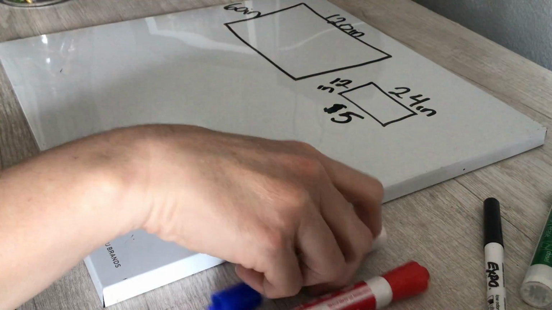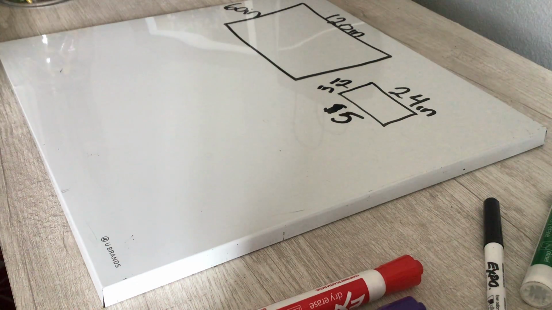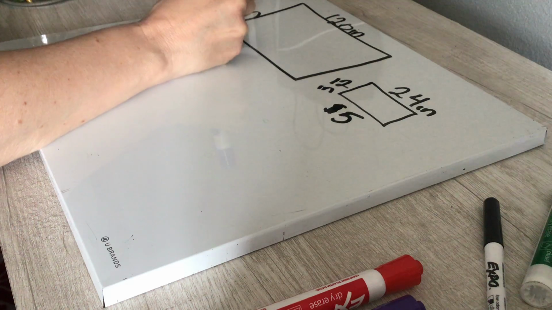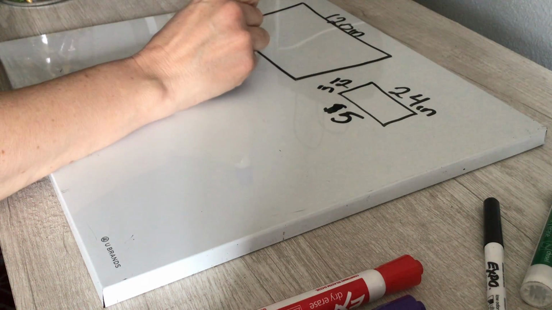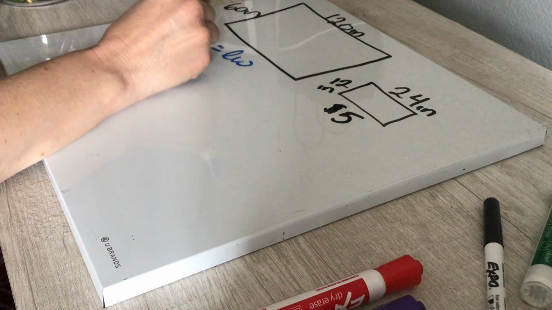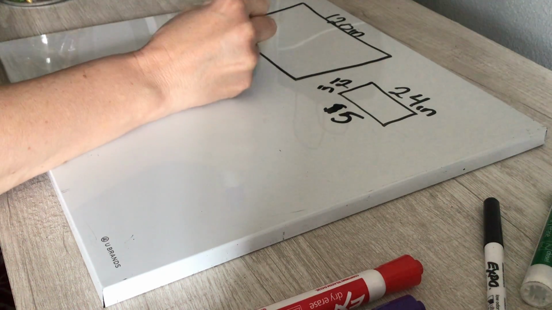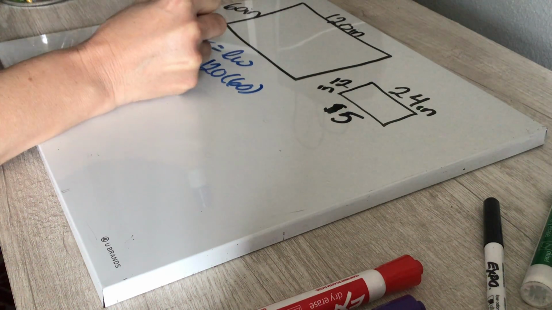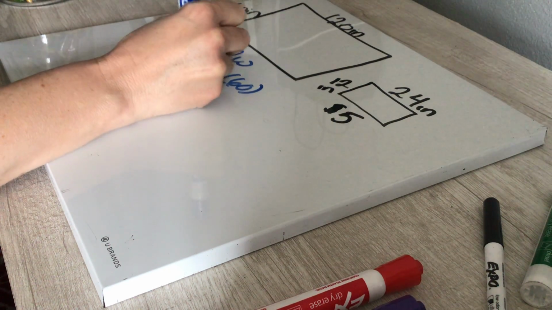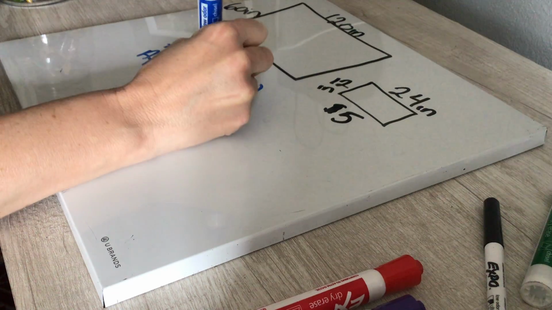So the area of the tablecloth, they're both rectangles, so it's length times width. That would be 120 times 60, which is 7,200 square inches.